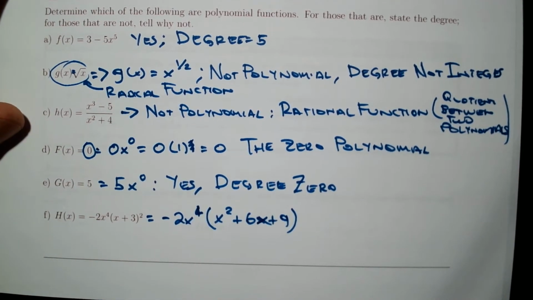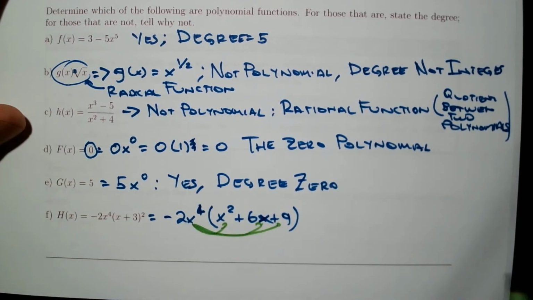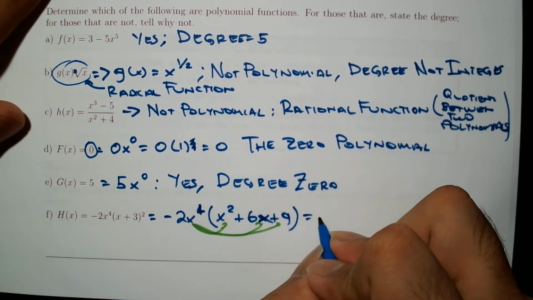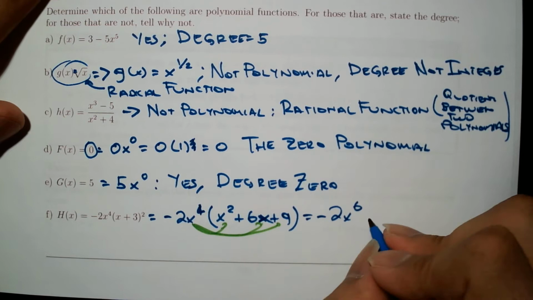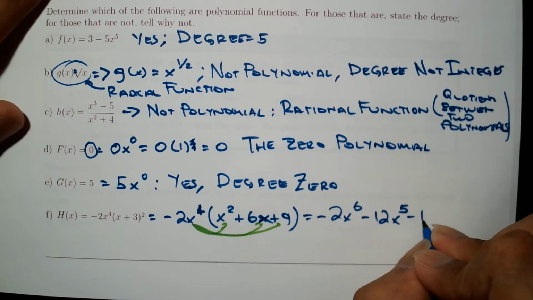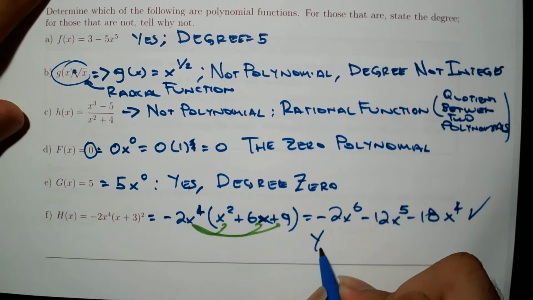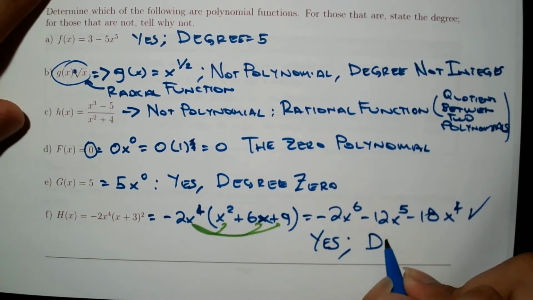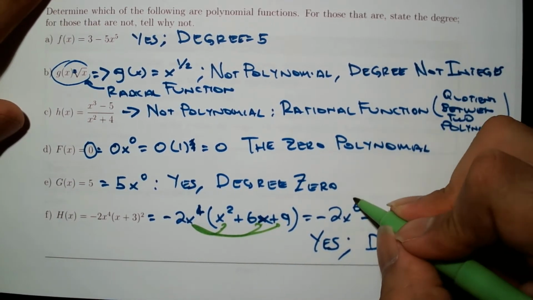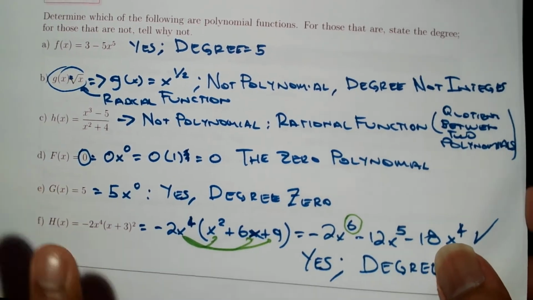And when I distribute the negative 2x to the 4th through every single term inside of the parentheses, what we get is negative 2x to the 6th, minus 12x to the 5th, minus 18x to the 4th. And yes, this is a polynomial. Degree 6, because 6 is the highest power, and in fact it's an integer that meets the condition. So let's see what's next.